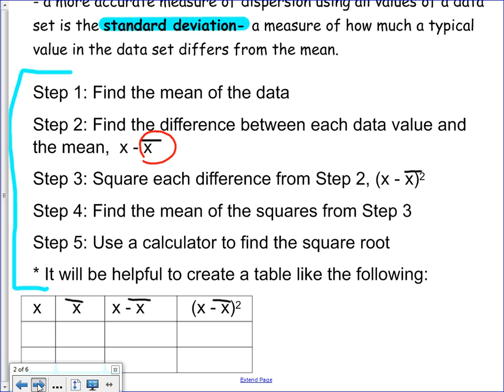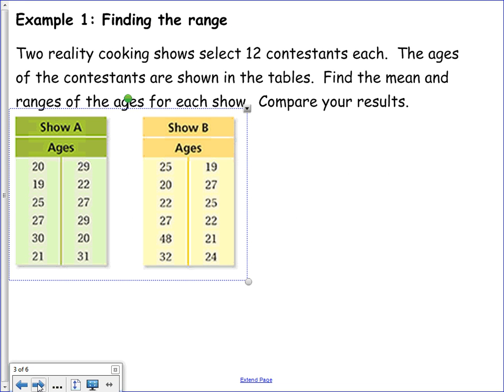All right, so let's go through some examples. The first one is about finding the range. It says two reality cooking shows select 12 contestants each. The ages of the contestants are shown in the tables, and we need to find the mean and the ranges of the ages for each show and compare our results.